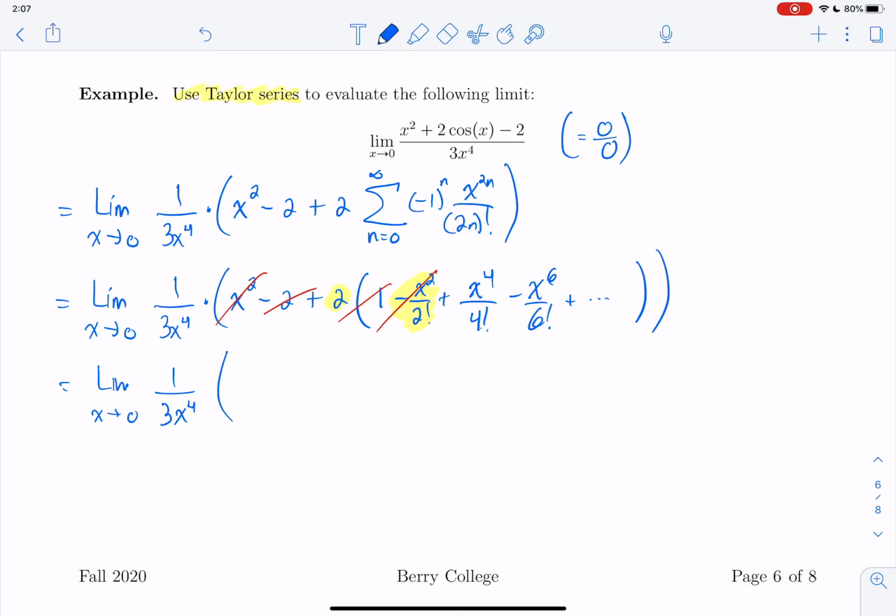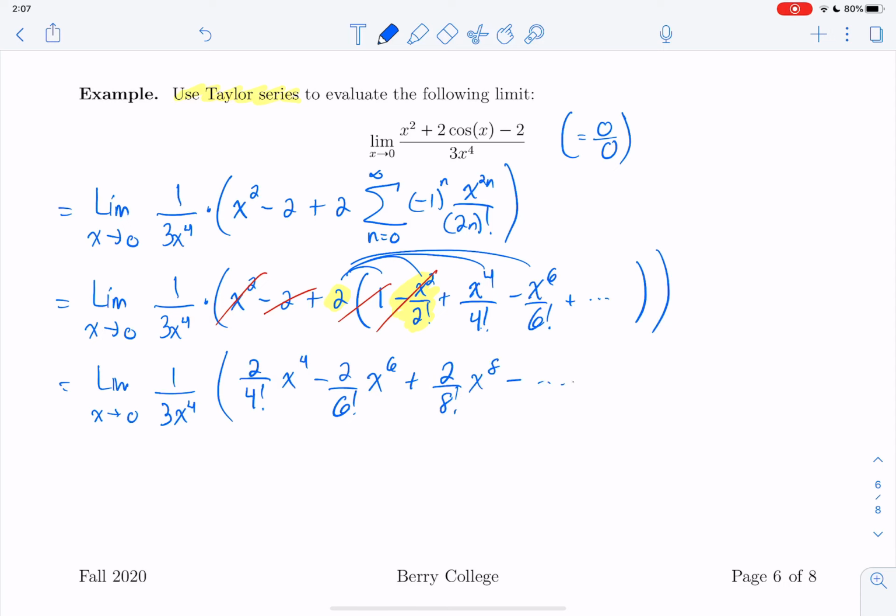This 2 is still going to distribute, and so I'm going to end up with 2 over 4 factorial x to the 4th minus 2 over 6 factorial x to the 6th plus 2 over 8 factorial x to the 8th, etc. Now this coefficient in front starts to distribute.